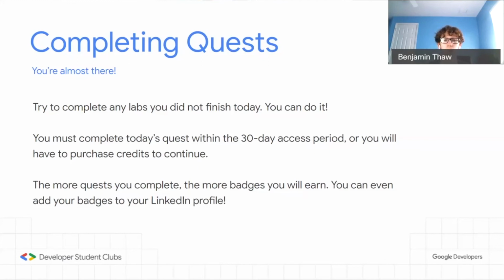And when you complete a quest, you get cool badges. Those can be used to show off what you know on LinkedIn, social media, whatever you want. Regardless, it's a great way to learn how to use products without having to pay for them.